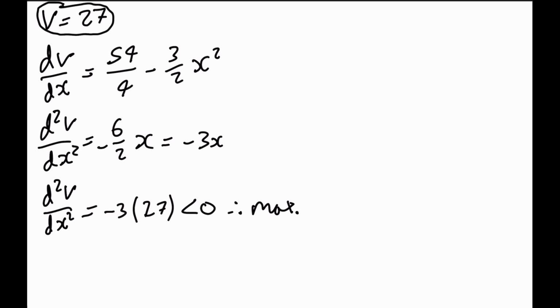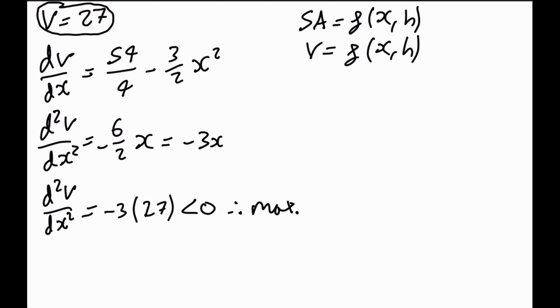Let's recap on all the steps we've done so far. They can give you either surface area as a function of x and another value h, in this case it was y, or they could give you the volume as a function of x in terms of h, with the same thing.